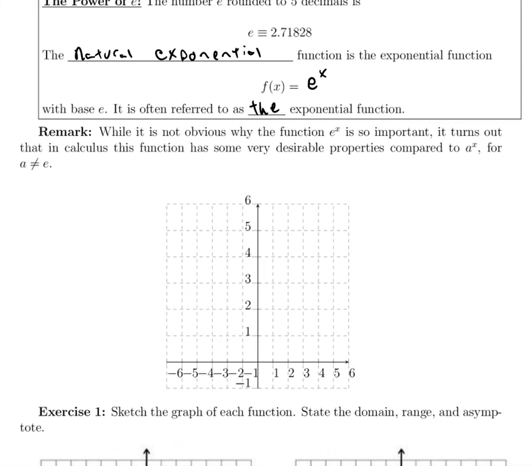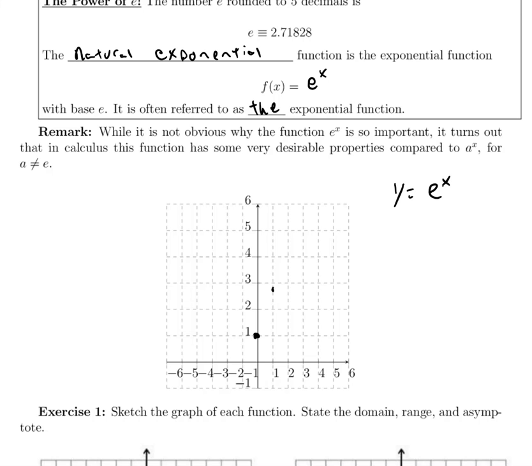So its base graph, when we're not transforming it, looks just like all our other exponential functions. When I'm not moving it around and I want to graph y is equal to e to the x, the point 0, 1 is a point on every single one of our exponential functions. And then I know the point 1, e is in it.